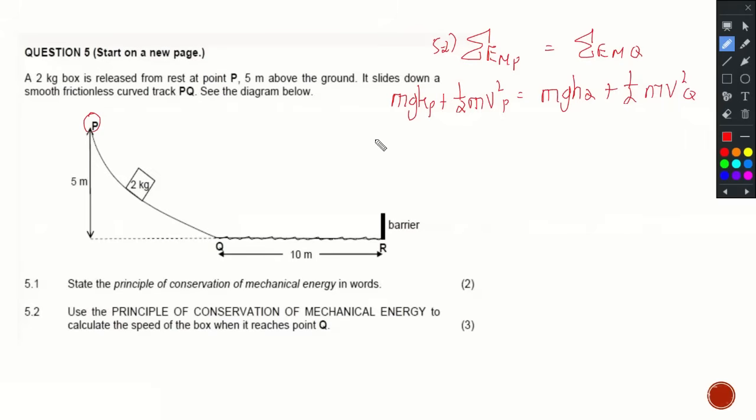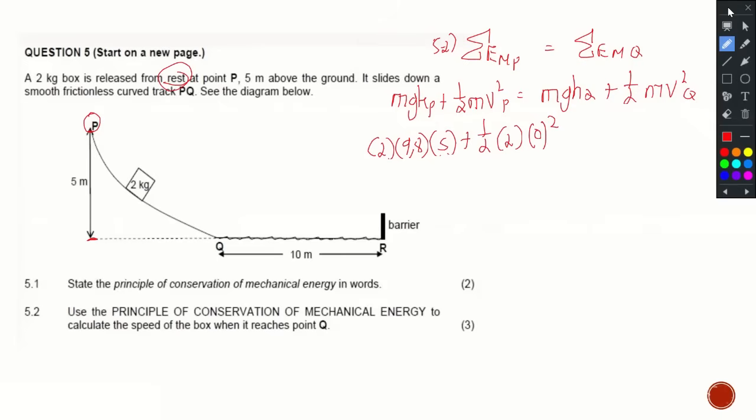So what is our mass? m is for mass, that's 2 kg. Then g is the gravitational acceleration, which is 9.8, a constant. Then what is the height above the ground at point P? We can see it's 5 meters. Then we have half times 2, and the velocity at that point? Remember, they said at rest, so it's 0.